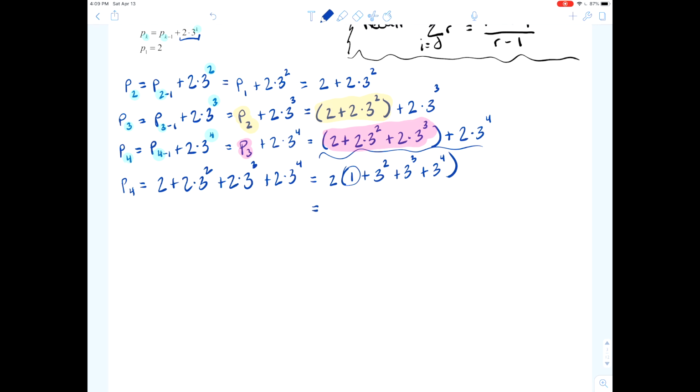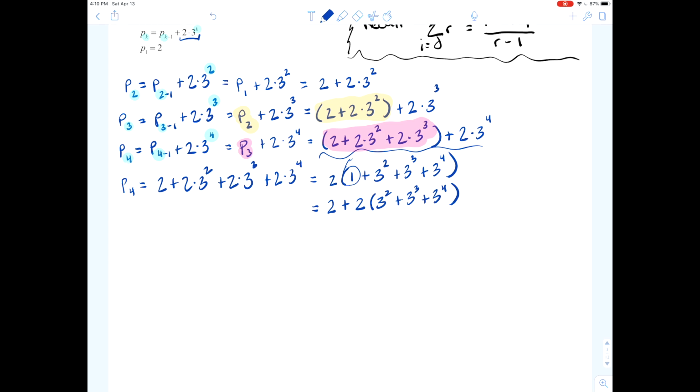Wouldn't you agree that we could write this as 2 plus 2 times 3 squared plus 3 cubed plus 3 to the 4th? Good so far? I just kind of played around, rewrote it, decided that first term wouldn't work, so went ahead and pulled it out of there. And okay.